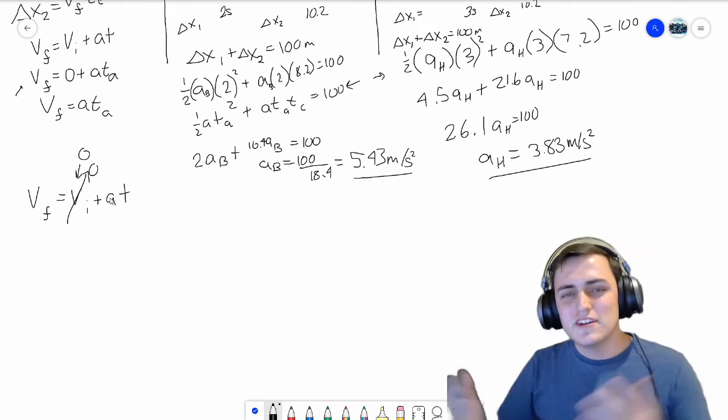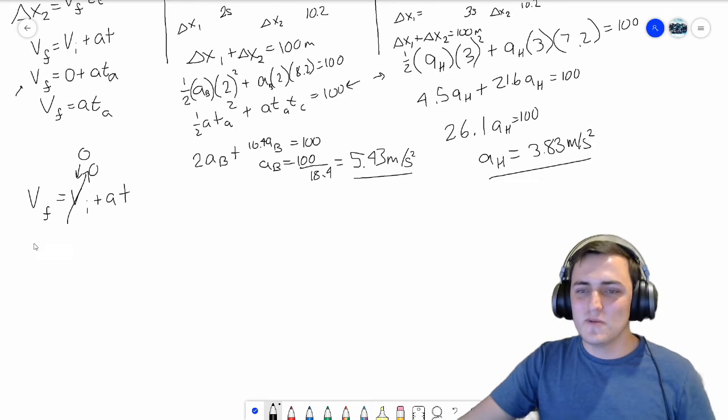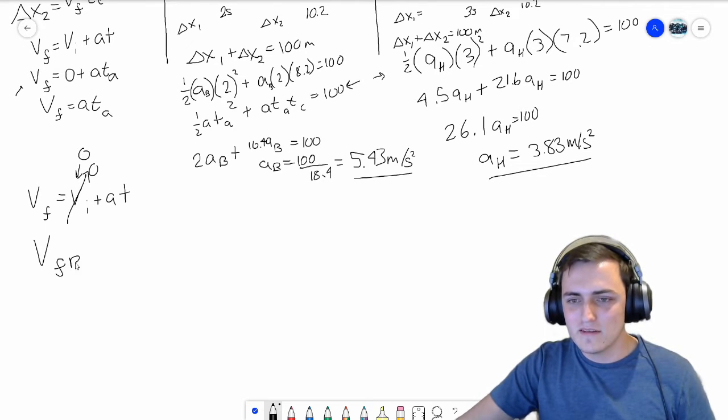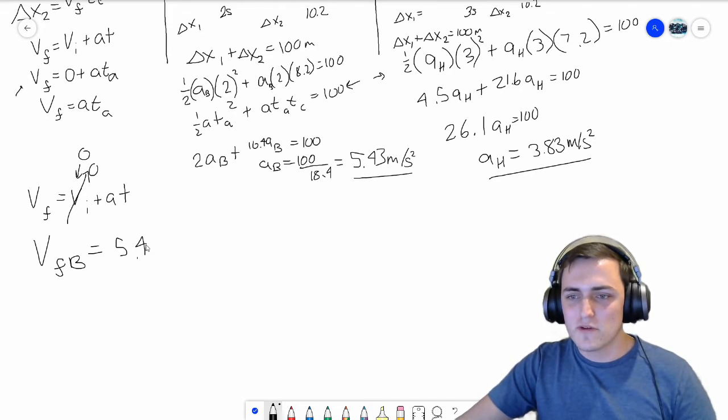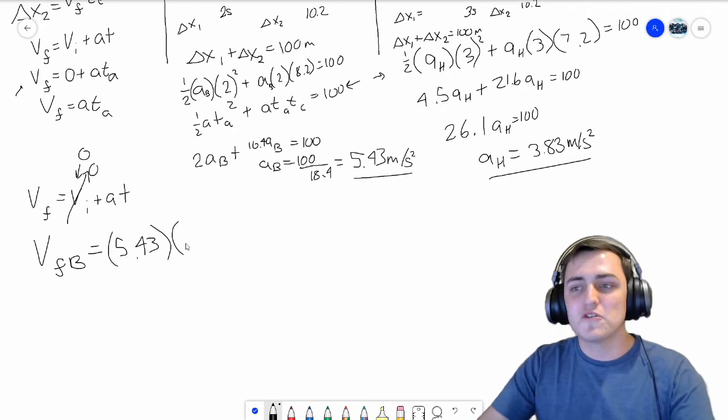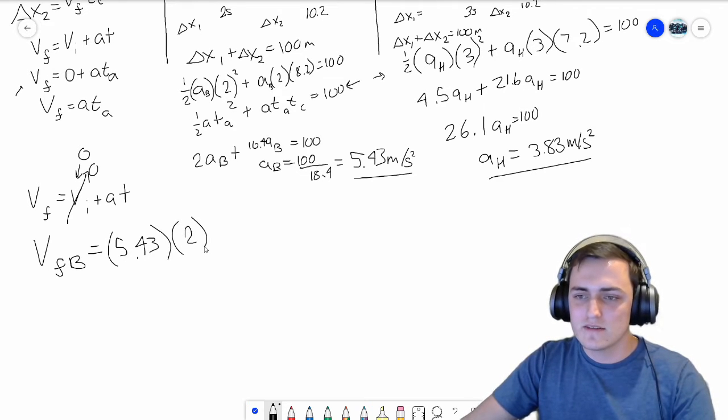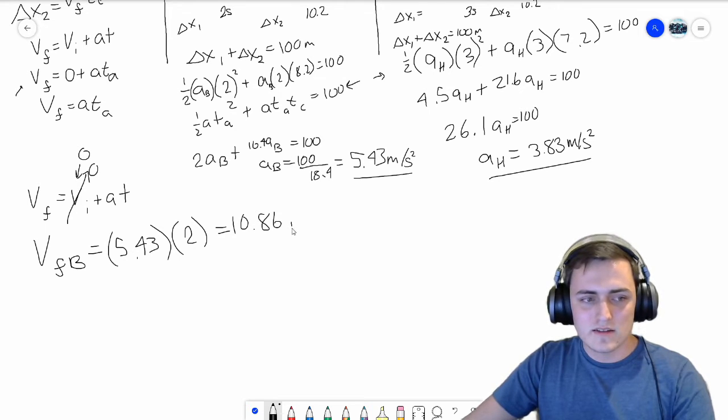But we actually know their acceleration now. And so we can say that V final for Ben is equal to Ben's acceleration of 5.43 meters per second squared times how long was Ben accelerating? That was 2 seconds. And so his top speed is just 10.86 meters per second.